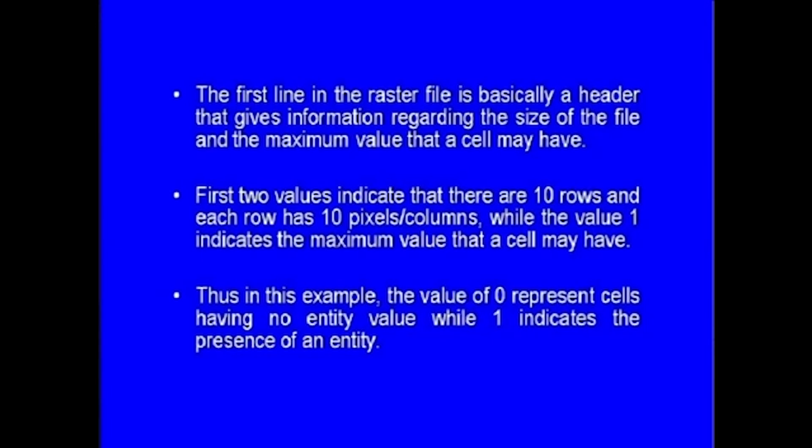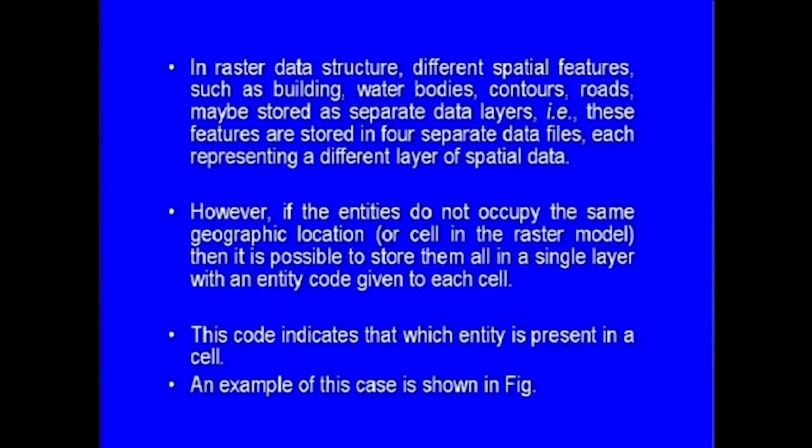Thus, in this example, the value of 0 represents cells having no entity value, while 1 indicates the presence of entity values.